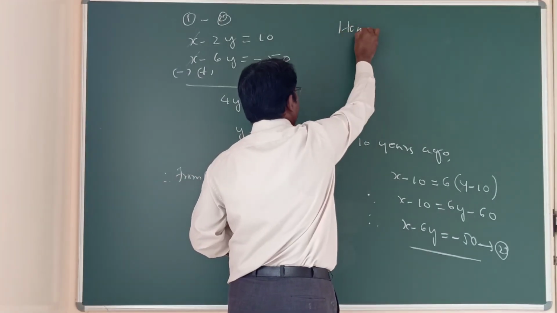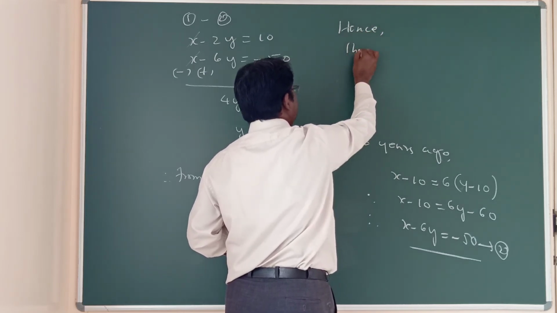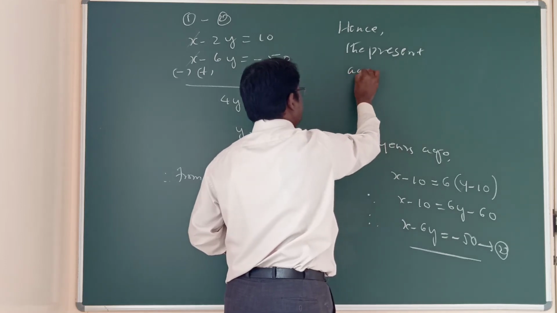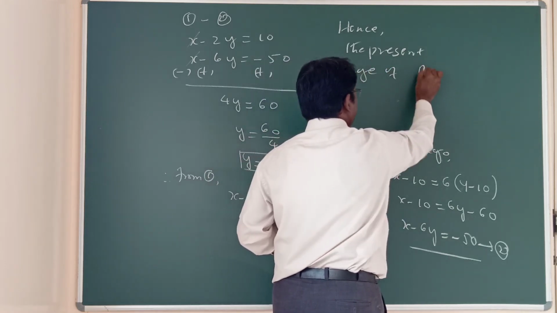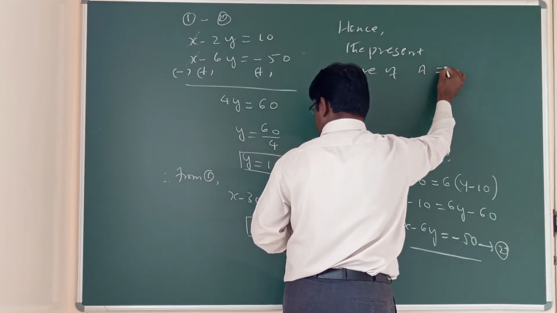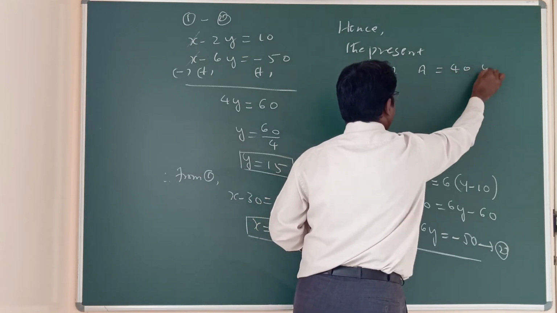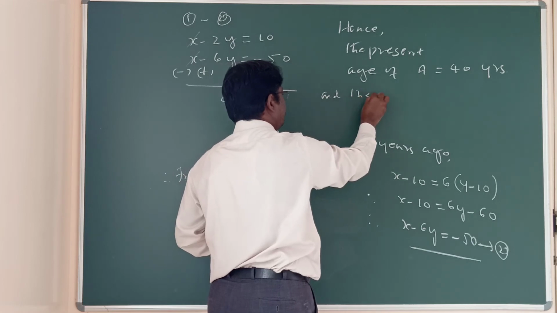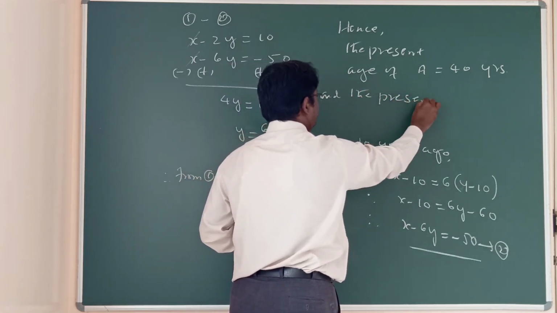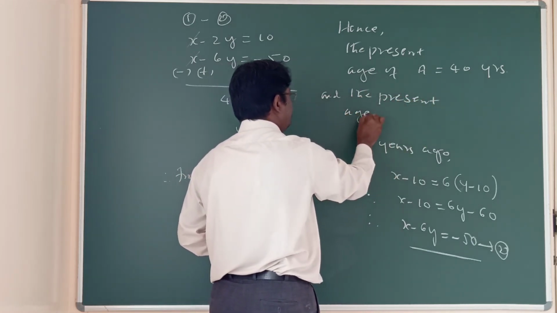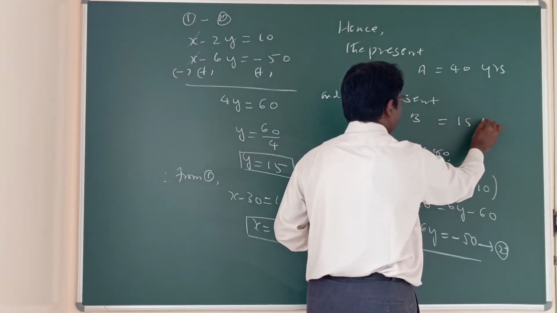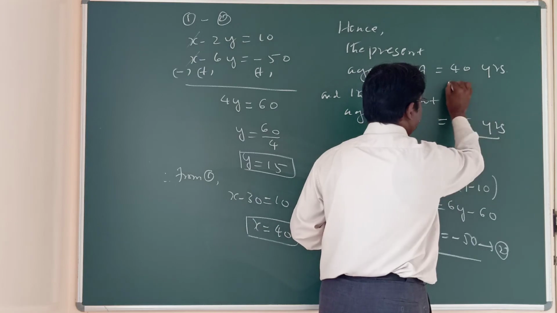Hence the present age of A is 40 years, and the present age of B is 15 years.